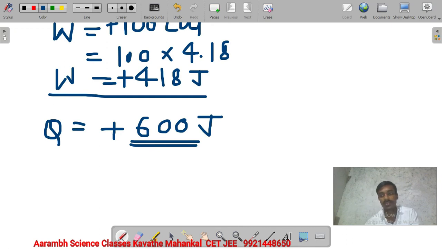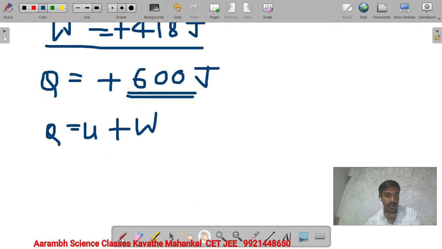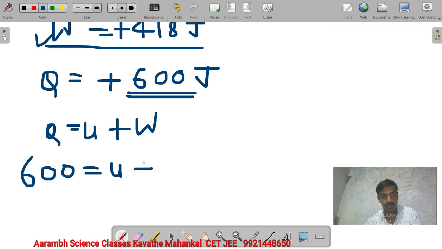Okay, next move to the equation. Q is equal to U plus W. Simple. Put all the values. Q is equal to 600. So 600 is equal to U, the change in internal energy, keep as it is, plus W, which we got as plus 418.